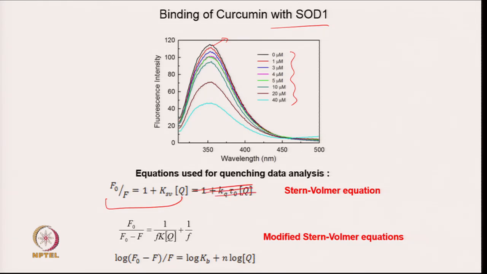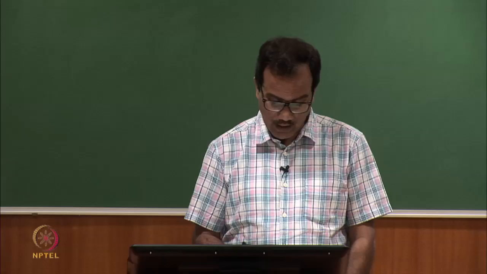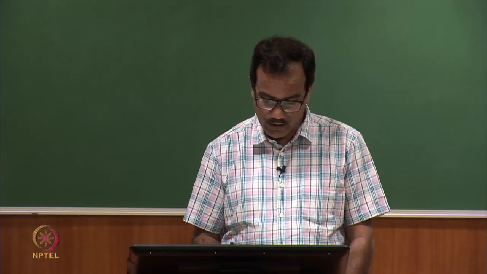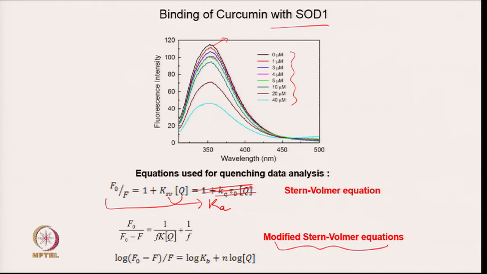This is for collisional quenching. There is also a modified Stern-Volmer equation. I am not going to discuss that, but that can also be used to get your Ksv. Here Ksv is basically the association constant if we are talking about static quenching.